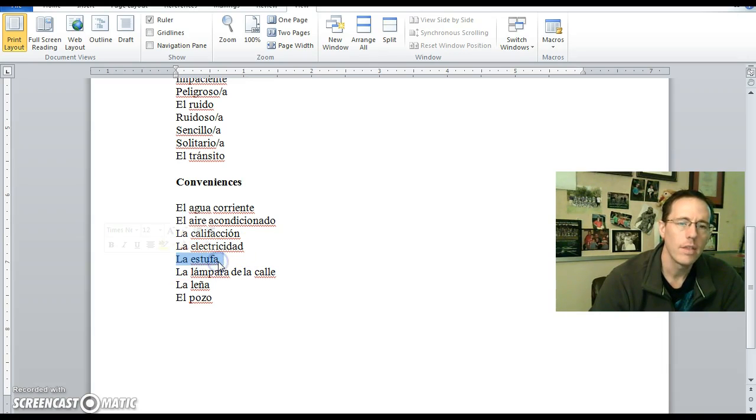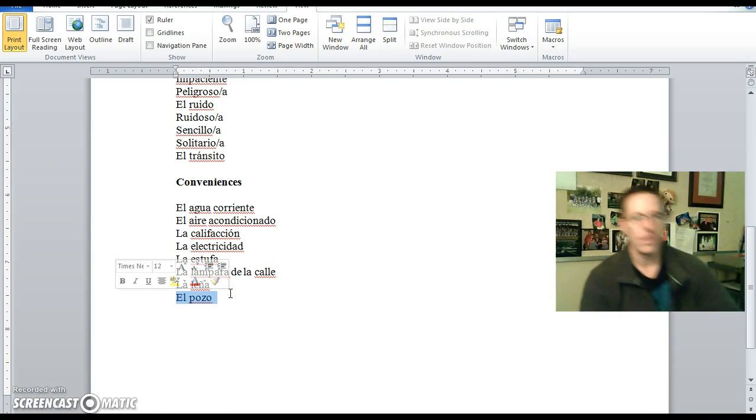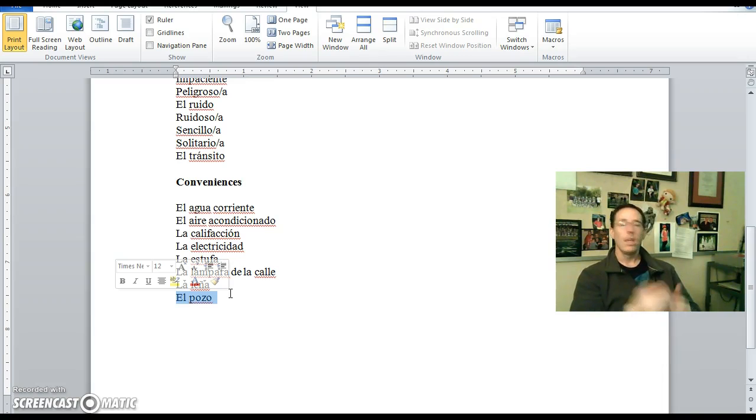La estufa, the stove. La lámpara de la calle, street light. La leña is wood, or firewood. And then el pozo is a well. So if you don't have agua corriente de la ciudad, or city water, you would have agua corriente del pozo, right, from the well.